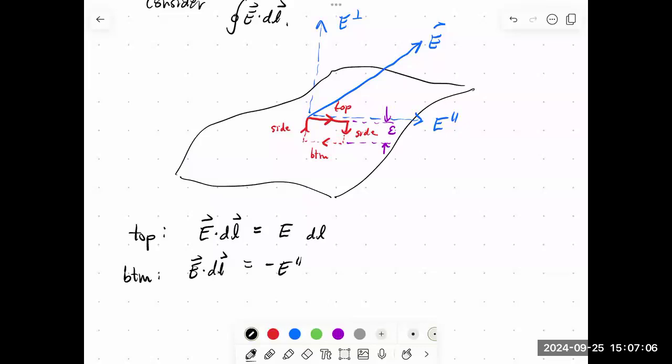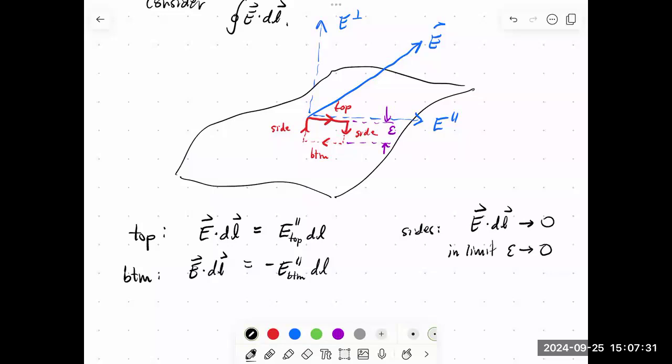This is going to be E parallel top, and this will be minus E parallel at the bottom. Then we have dl. And then for the sides, what we're going to do is we're going to say E dot dl is going to go to 0 in the limit that epsilon goes to 0.